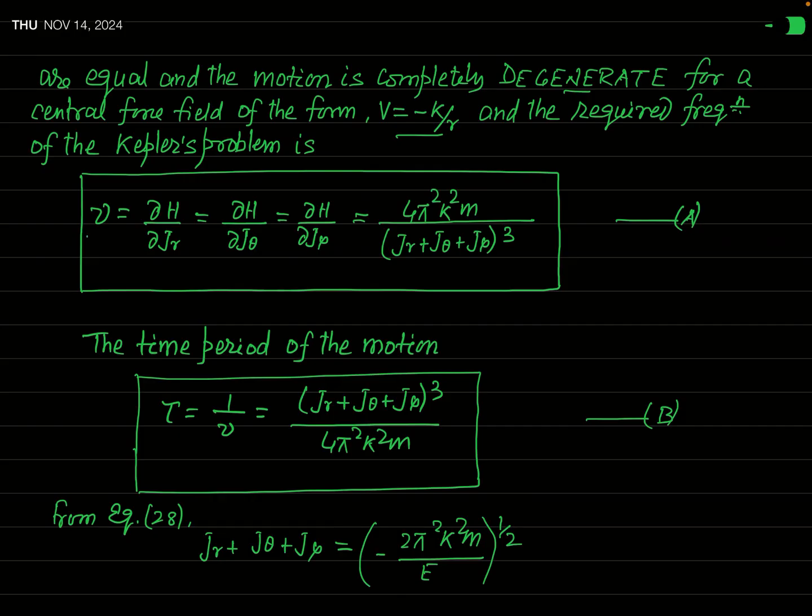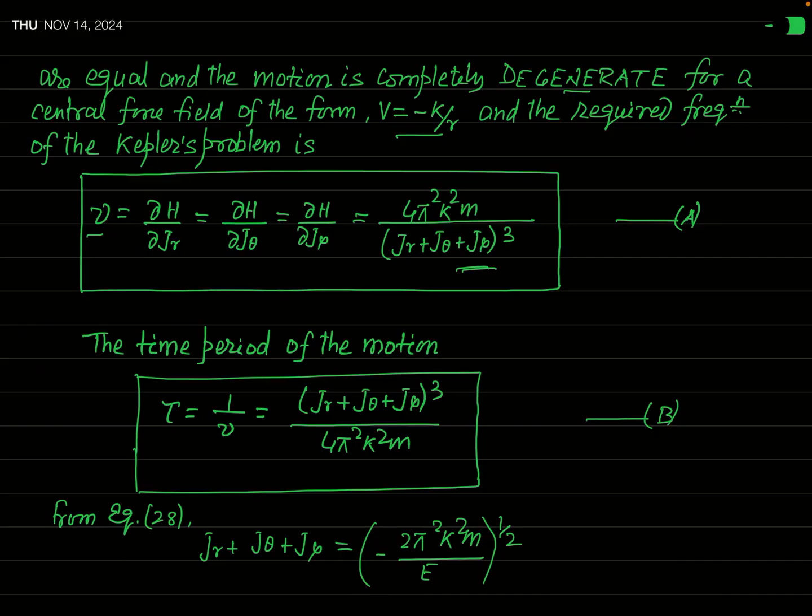And therefore the frequency of the Kepler's problem is given by this much. I have already obtained it: ∂H/∂Jr, ∂H/∂jθ, ∂H/∂jφ, you can see this will be this much.